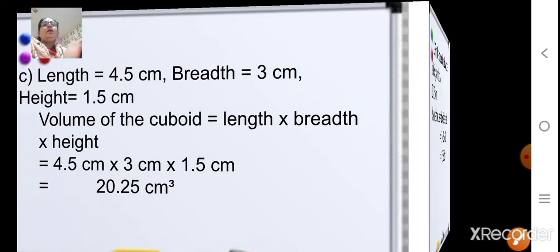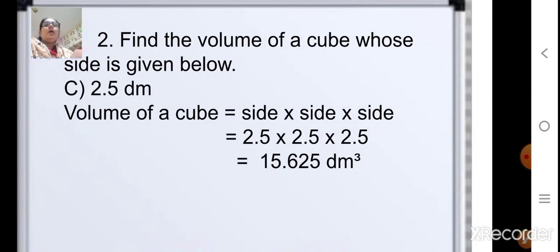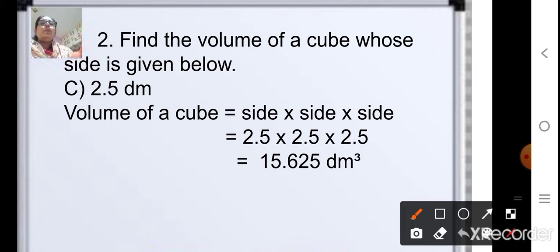Coming to the next sum. Here you have to find the volume of a cube whose side is given below. The side of the cube is given here, that is 2.5 dm, that is decimeter. Dm stands for decimeter. Now the volume of a cube is side into side into side. We'll multiply the side 3 times.